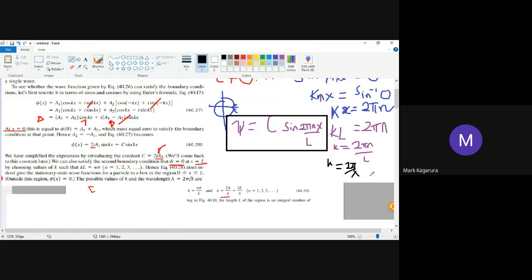We're going to see that these waves are going to exist in multiples of L, because lambda is going to be L over N, and that looks like the standing wave condition. So your wave function is going to be an integral multiple of L.